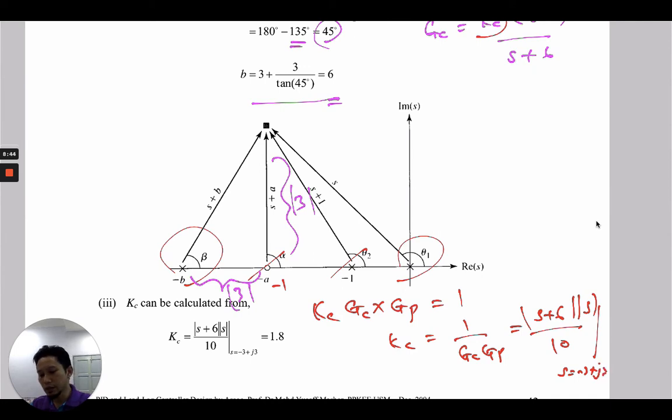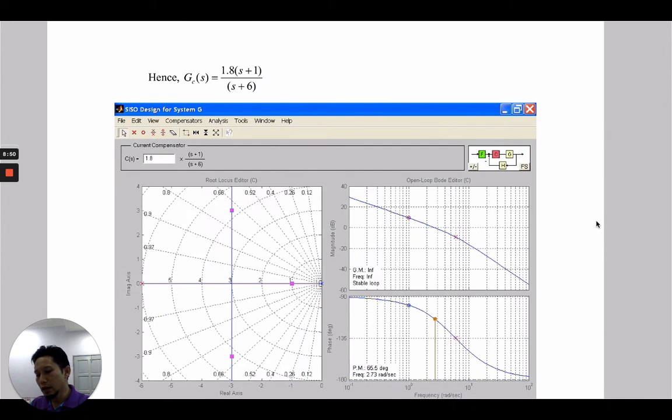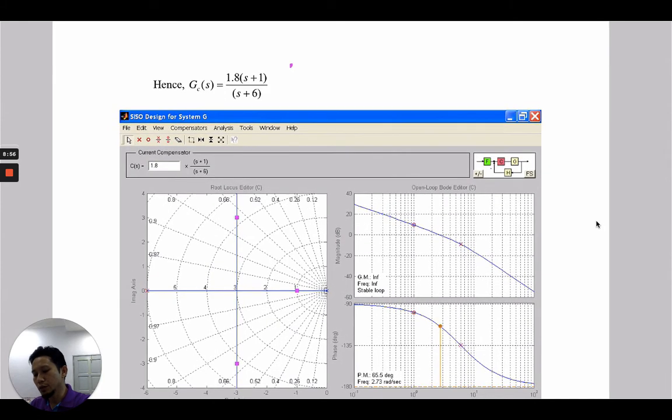From the calculation we have Kc = 1.8, and we can put it into the Kc of our controller. So we have this term.